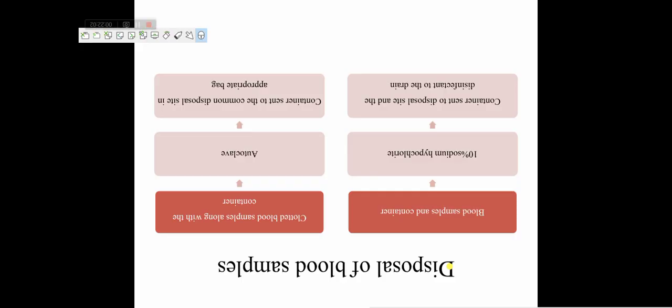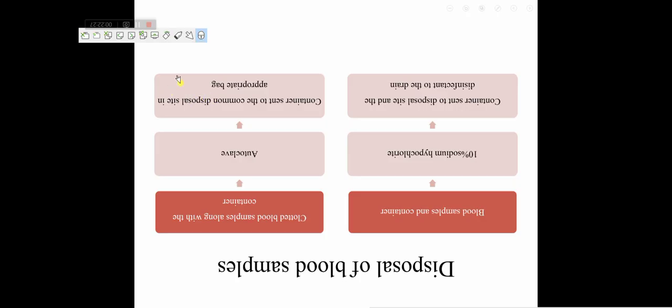Disposal of the blood samples. So here blood samples and containers will be there, and there will be some clotted blood samples along with the container, right? For that you can see the 10% sodium hypochlorite will be used for treatment, and then the container is sent to the disposal site and the disinfectant to the drain.